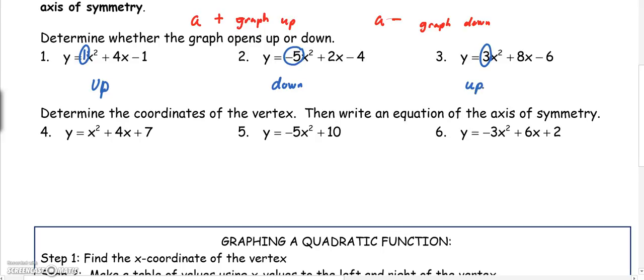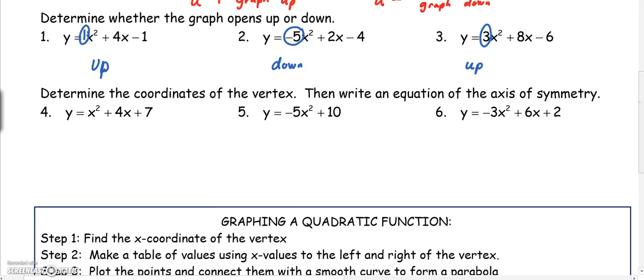Determine the coordinates of the vertex, then write the equation of the axis of symmetry. So in number 4, we have y equals x squared plus 4x plus 7. To find my vertex, we're going to use negative b over 2a. So b is the number that's in front of the x.